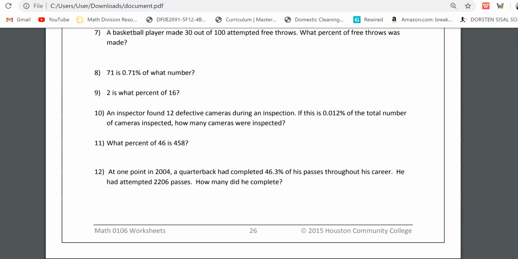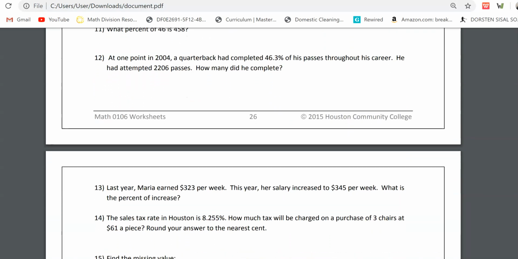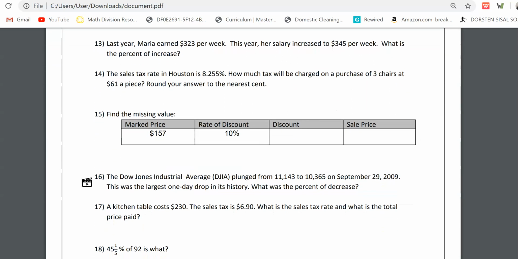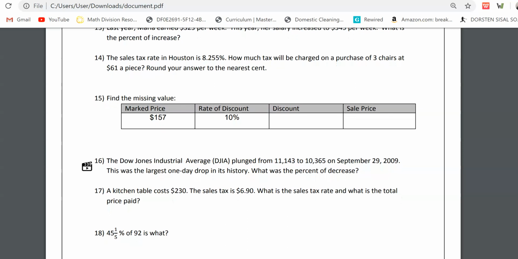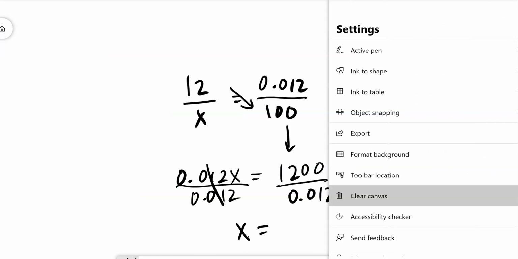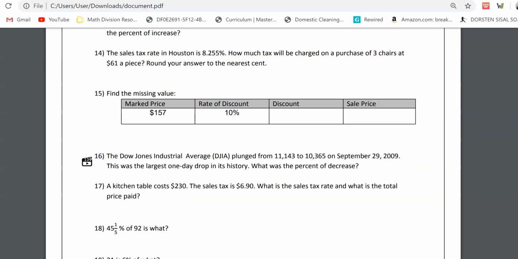I think I talked about number 12, so let's keep going. I talked about percent increase. I gave the formula. Let's go to 14. Even though I know people know how to do money, let's just look at it. Let me clear this out. So I'm going to read the problem, number 14.